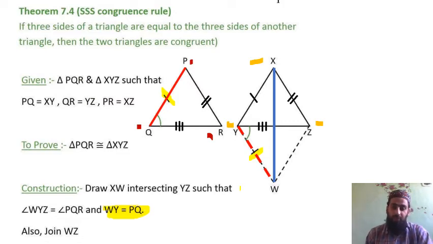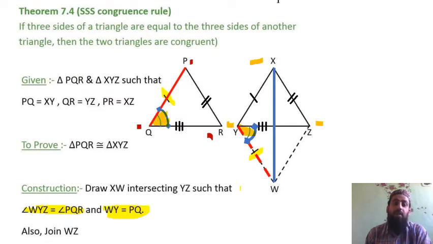Also, there is one more condition. You have to draw in such a manner that angle WYZ is equal to angle PQR. And which angles are those? These are the two angles: angle WYZ, which is this angle over here, and angle PQR, which is this angle.